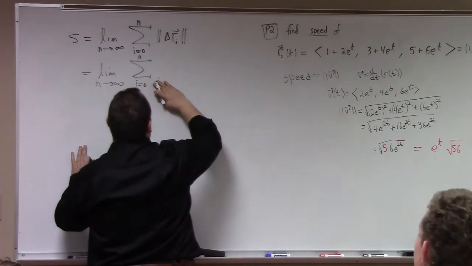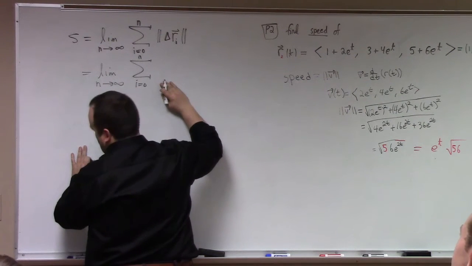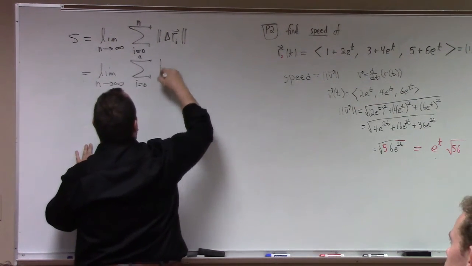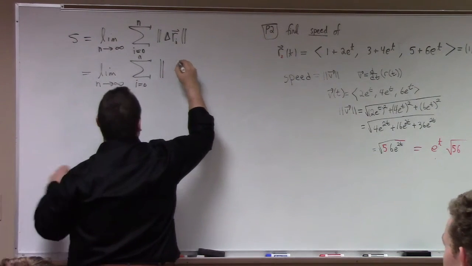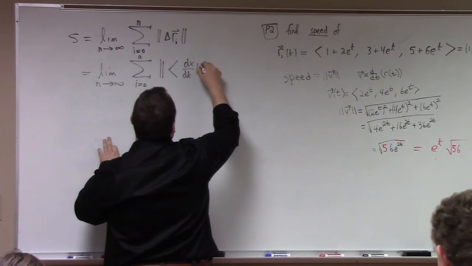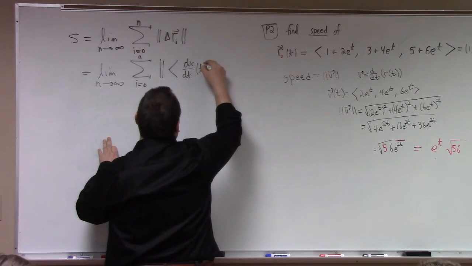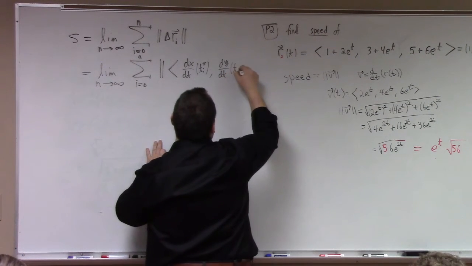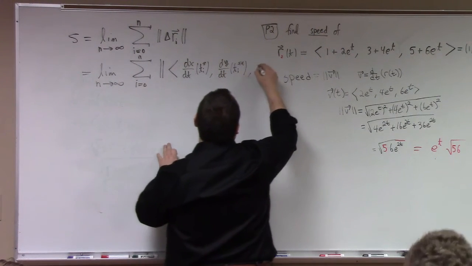Well, let's stick with the magnitude of that vector, right? dx/dt at t_i star, dy/dt at t_i star star, dz/dt at t_i star star star.